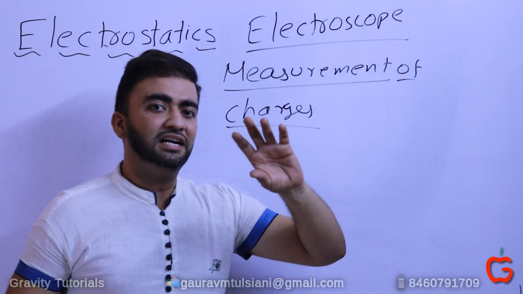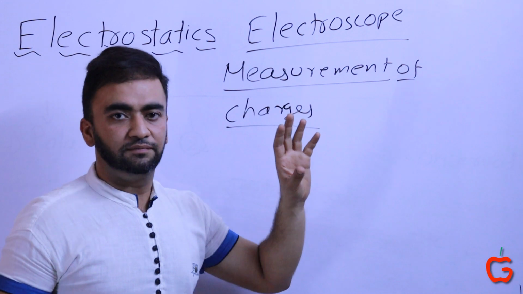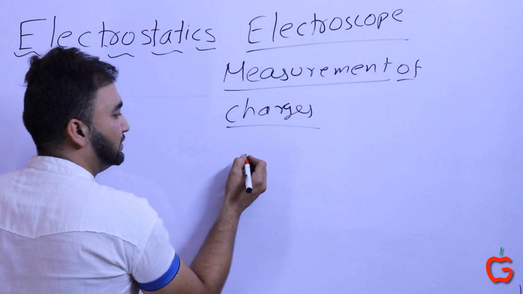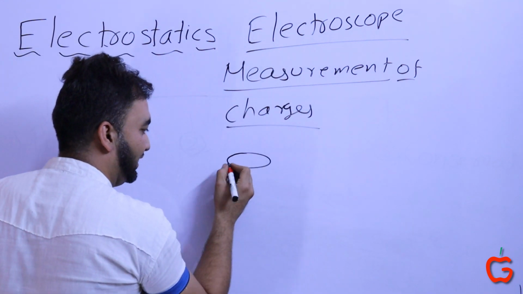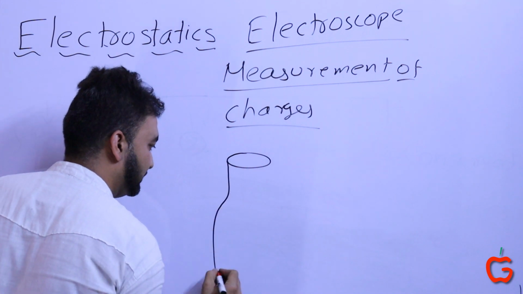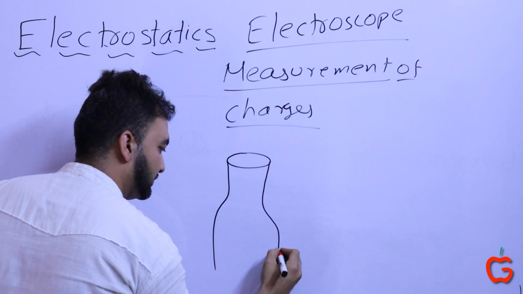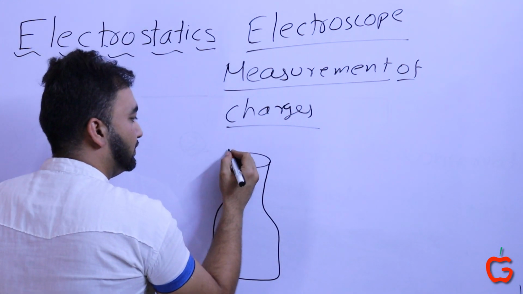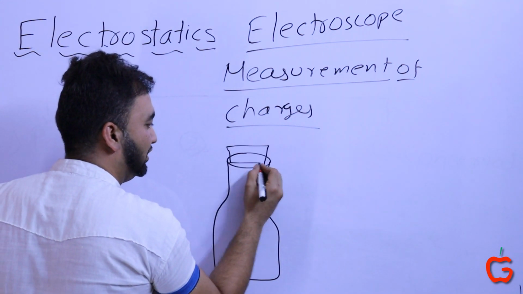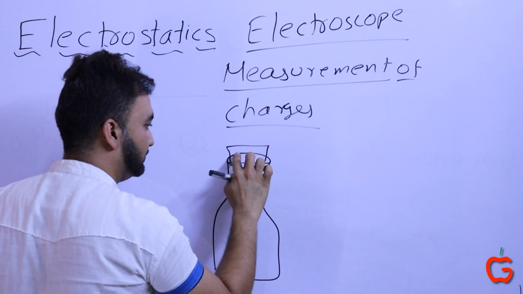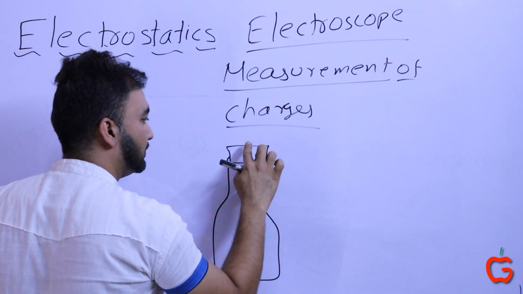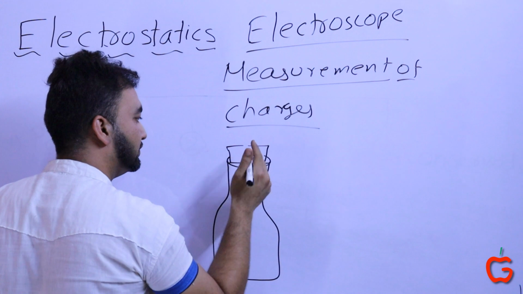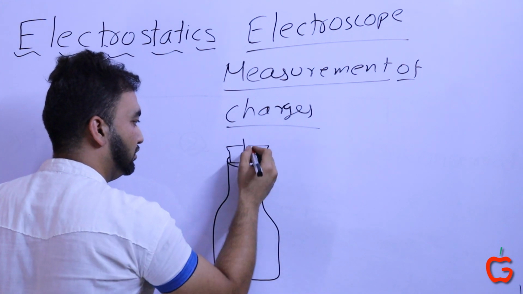Electroscopes date back to the discovery of charges itself in ancient Greece. So I am drawing a diagram of a simple one. This is the historical electroscope. You take a glass bottle, put a cork on its top, make a hole through the cork, put a metal rod through the hole.